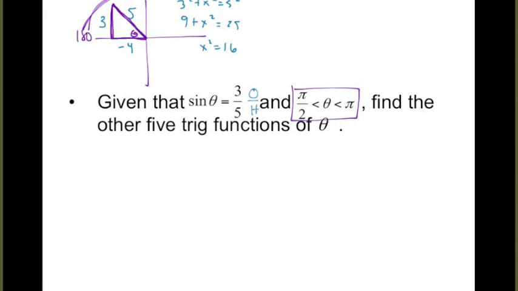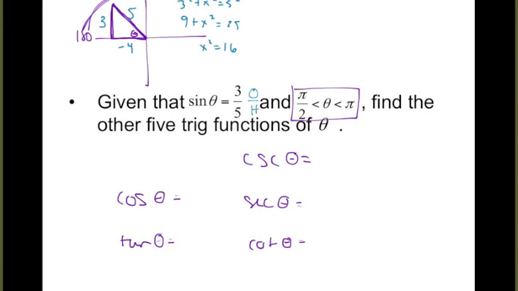Once our triangle is labeled, then we can answer the question. It asks us to find the other 5 trig functions. So we don't need to find sine because they already told us sine, but we need to find cosine, tangent, cosecant, secant, and cotangent. So cosine, using SOHCAHTOA, would be adjacent over hypotenuse, so negative 4 over 5.